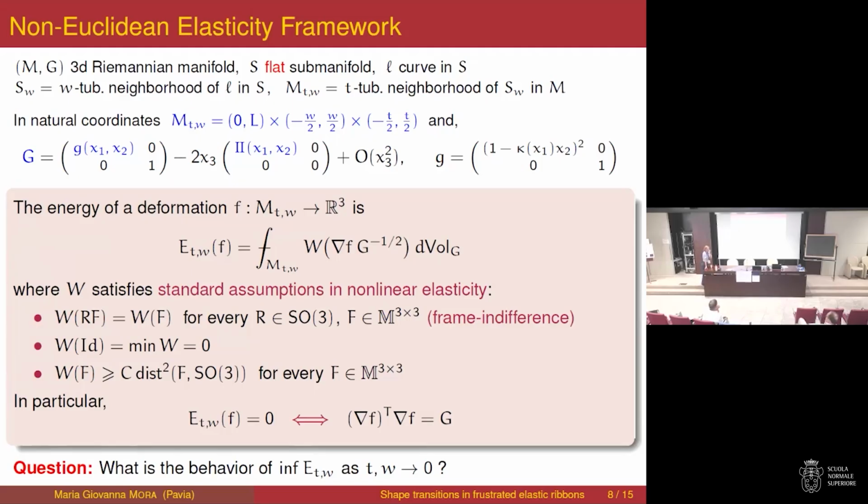Yes, I would say yes. So the question is why you don't also have another term for the component 2 2. Is it because you assume that it's so small from the beginning? Yeah, so it's not important. It is the expansion of the metric in natural coordinates for x2 and x3 small.